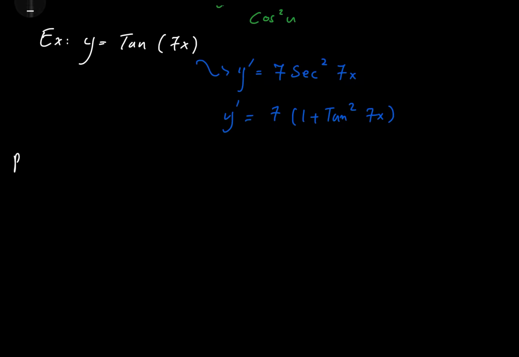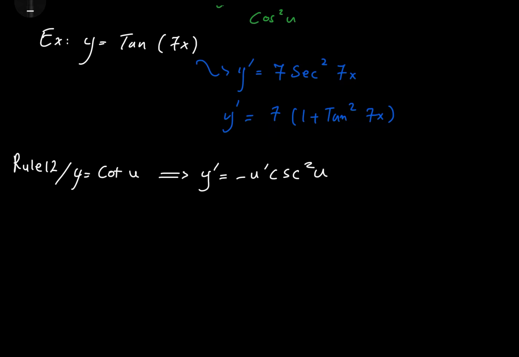Rule number 13. Let's say you're supposed to find the derivative of a function like y equals the cotangent of u. In order to take the derivative of cotangent, you simply write y prime is equal to negative u prime times cosecant squared of u.